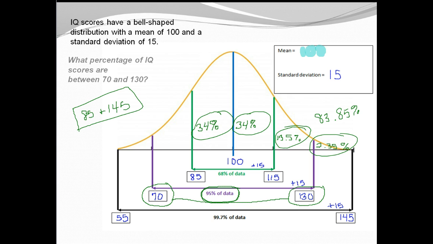So the percentage of IQ scores that would be between 85 and 145 would be 83.85%. So that's how we can use the empirical rule to solve percentage problems.